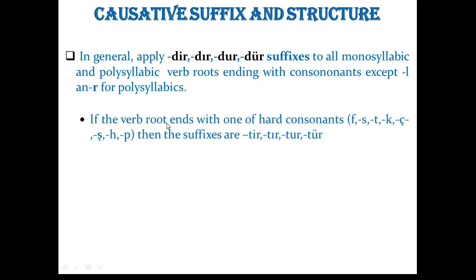But if the verb root ends with one of the hard consonants, which are f, s, t, k, ç, ş, h, p, then the suffixes are tir, tır, tur, tür. Remember, these hard consonants change the D letter into a T letter if they end the verb root.